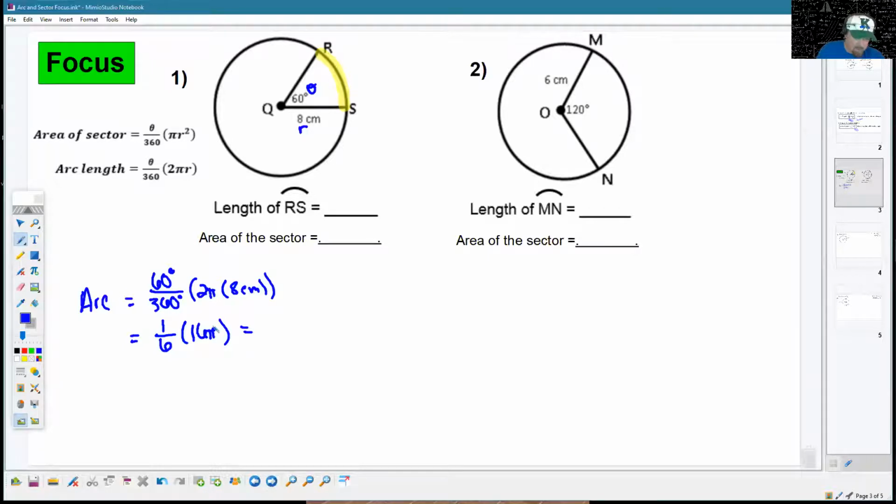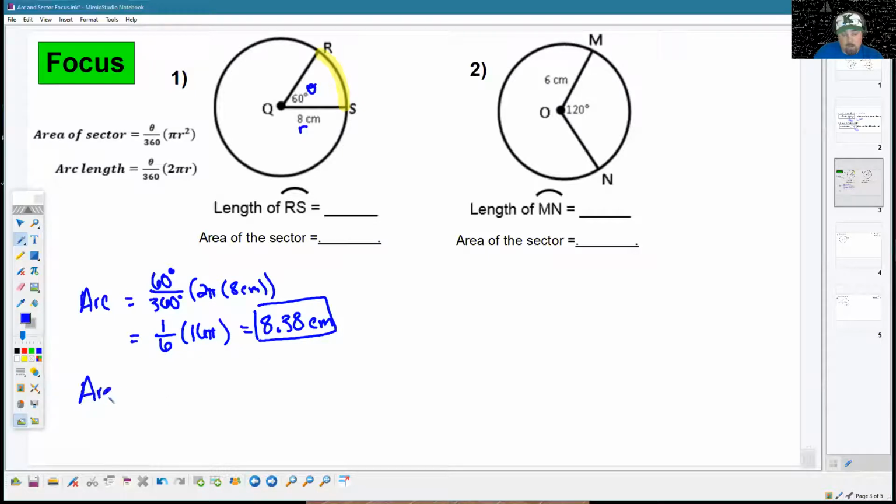So 1 divided by 6, hit enter, times 16, second, and the second power button on your calculator to give you the pi symbol. I get 8.38. I'm going to round to two places. And those are measured in centimeters. So our arc length is right there.